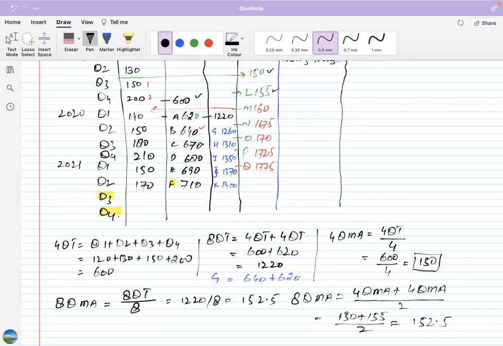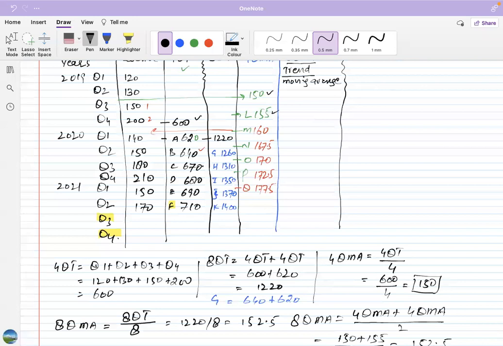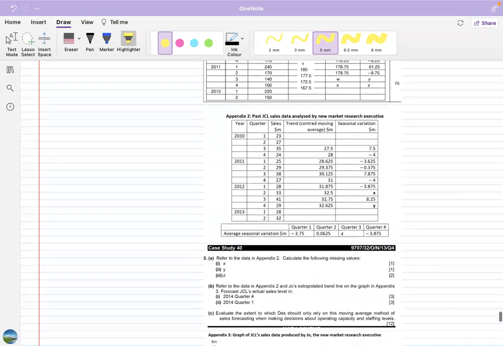So the question is where that 152.5 will be written. That 152.5 will be written in between the 4-quarter moving averages, I mean here. And if you look at the table while solving with this moving average technique, you will always identify that the first moving average of 8-quarter is written in front of the 3rd quarter. Let me show you a few questions.